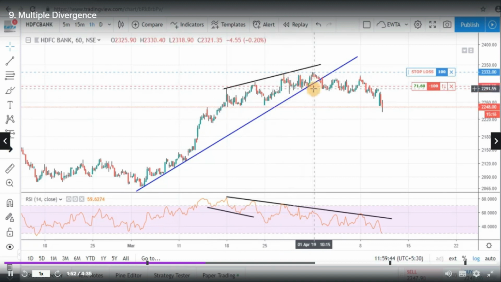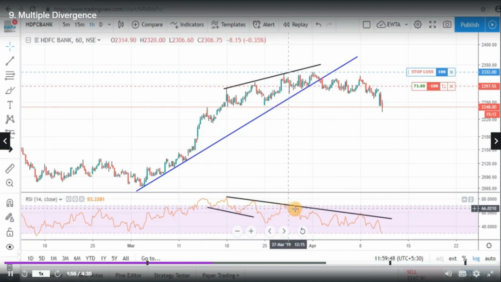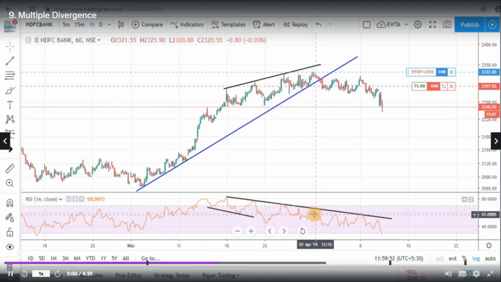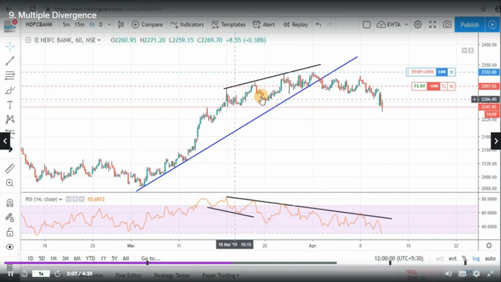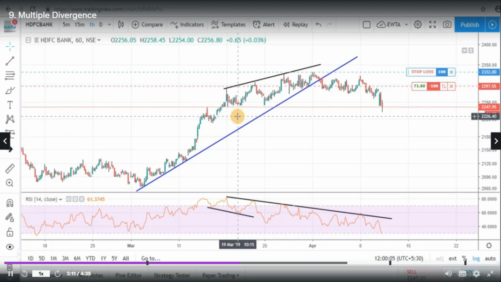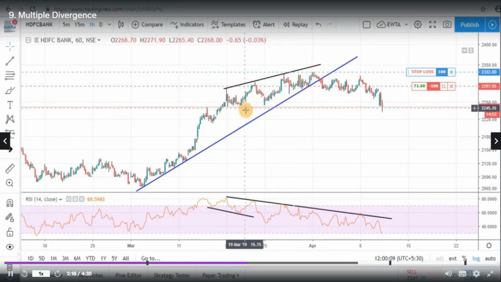They are not breaking down this trend line in downside, and 5 peaks of RSI, they are continuously going in downward direction. So when momentum is low here, because RSI is not going in overbought range, but prices are continuously rising, what is the reason that prices are going in upward direction? And the reason is there is some internal buying in this stock.